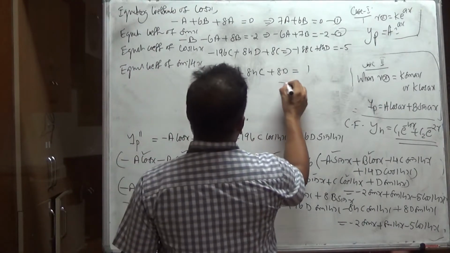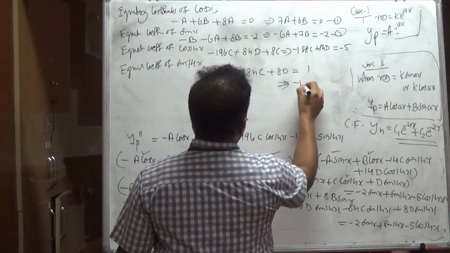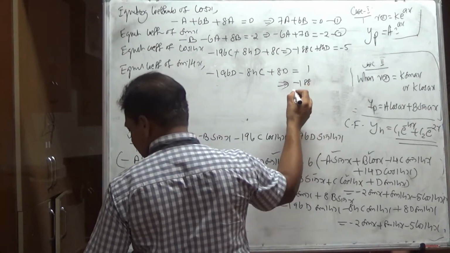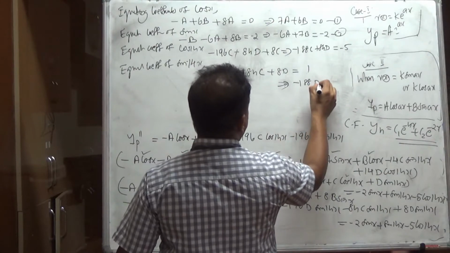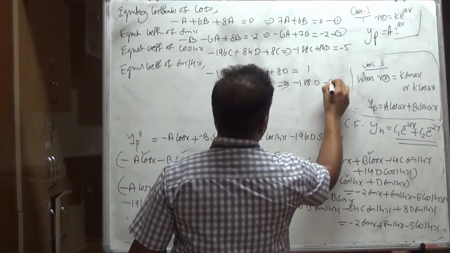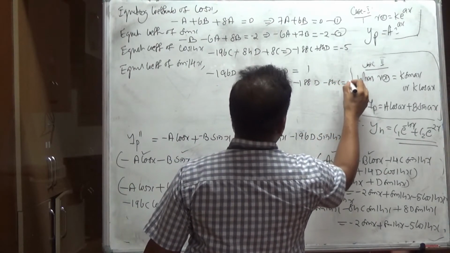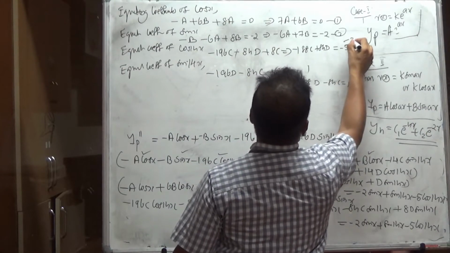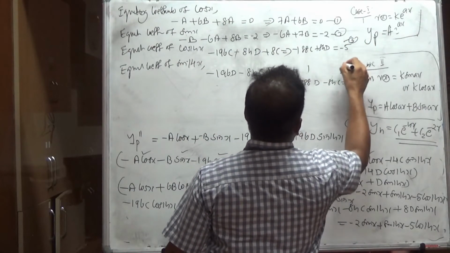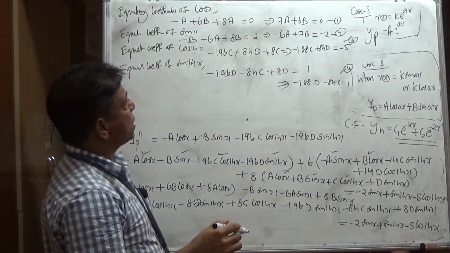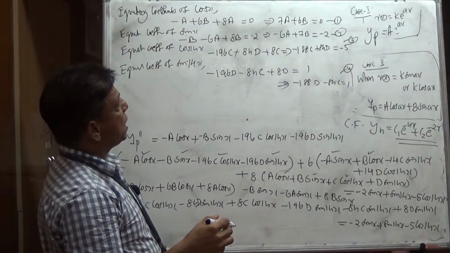Therefore, simplifying, we get minus 188d minus 84c is equal to 1. This is the fourth equation. Therefore, we arrive at 4 equations: equation 1, 2, 3 and 4.